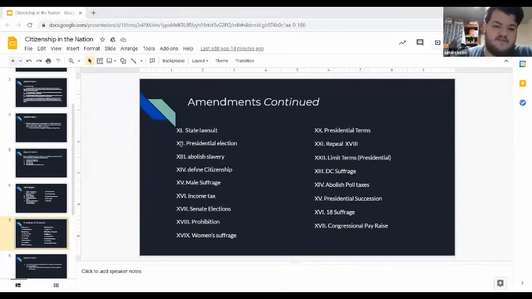All right, so then we go on to the 12th Amendment, which is presidential elections, which basically just sums up how to be elected as president. It talks about how voting works, how people are voted into office, things of that nature.